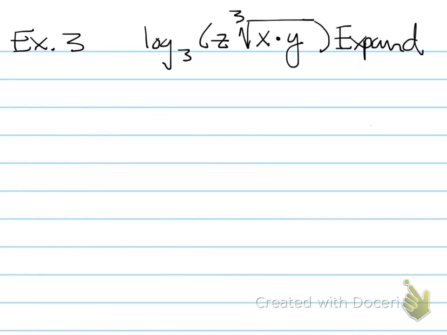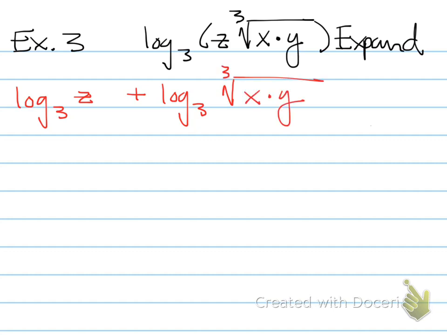Alright, we want to expand this logarithm. We've got two things. We've got x times y under the radical sign. So we can rewrite that as the quantity x times y to the 1/3 power. So that's the first thing that we want to do. And we can expand, we have z times that radical, so we can expand that as log base 3 of z plus log base 3 of the cube root of xy.